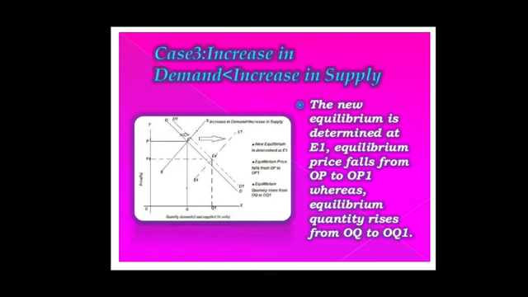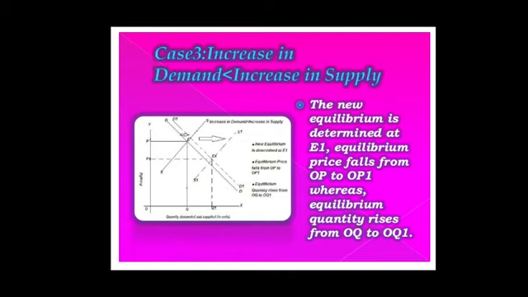In case of increase in demand and increase in supply, demand curve shifts rightwards to D1 and supply curve also shifts rightwards to S1. From the figure, it is clear that increase in demand is less than the increase in supply, or we can say increase in supply is greater than increase in demand.